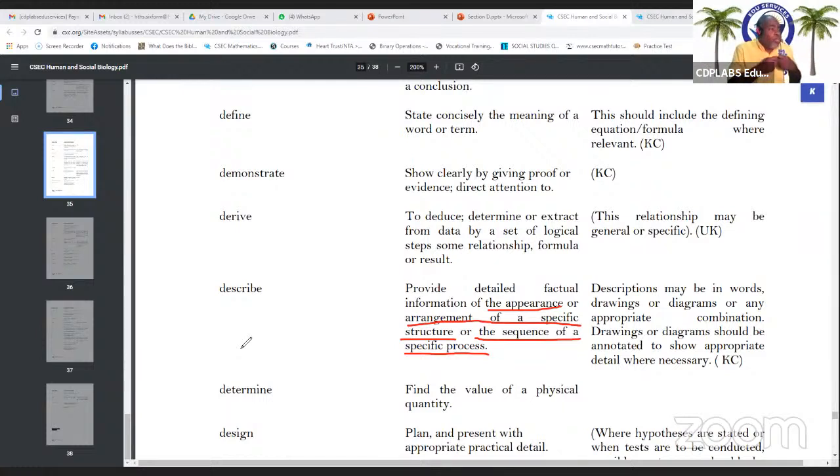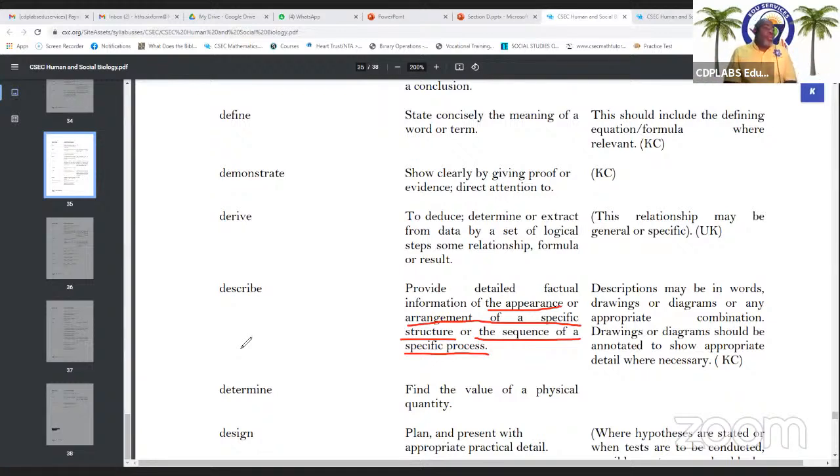Or are they talking about the sequence of a specific process? Like digestion is a process. What other processes are we talking about? Growth, excretion, and all these different things. Responding to stimuli. These are processes, right?